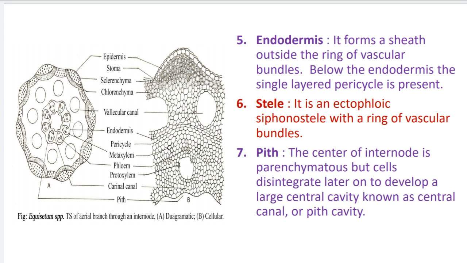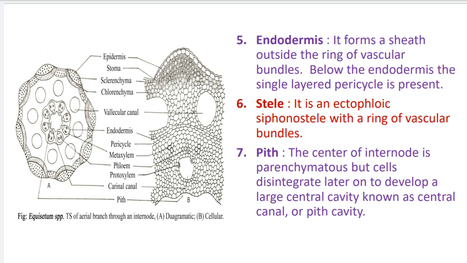Inner region contains the vascular tissues called the stellar tissue or stele, and outer region is called the non-vascular extrastellar region. So inner vascular region, outer non-vascular: inner stellar region and outer extrastellar region are always separated by the presence of endodermis, which is present below the inner cortex.